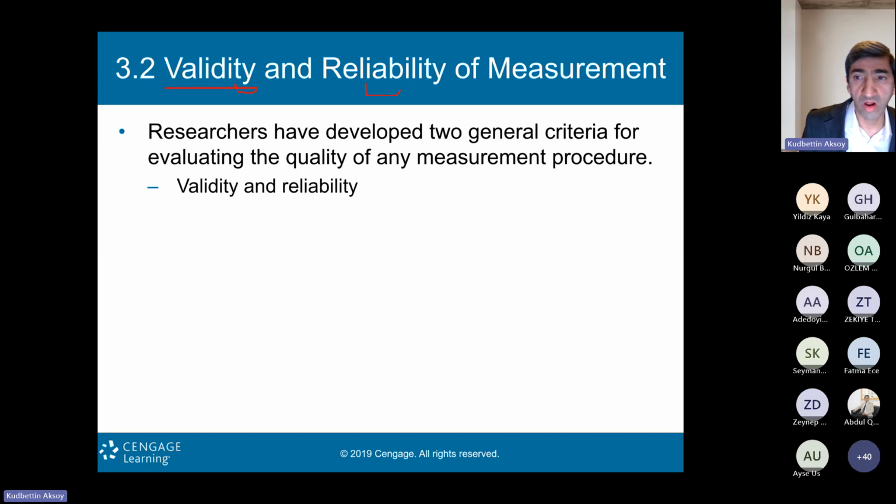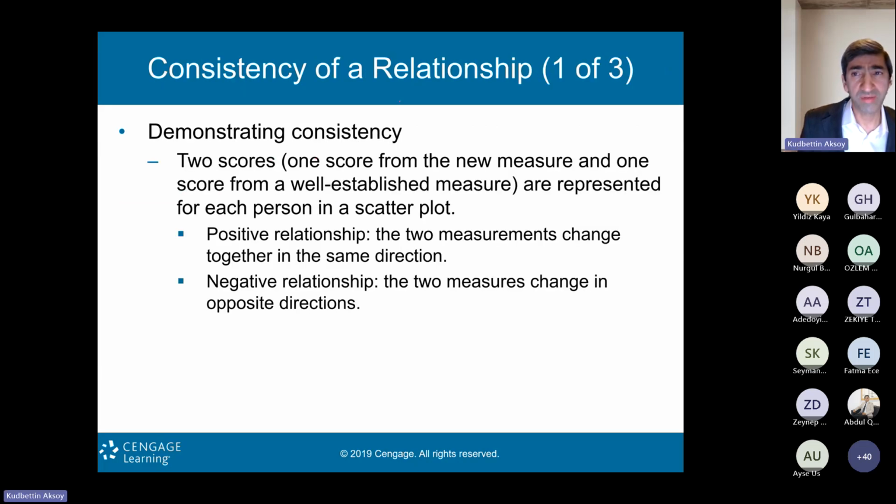But basically, for our purposes, we will define what validity is, what reliability is, and what are good criteria to check on. So once you have your instrument, you check its quality by checking the validity of it, and then reliability.